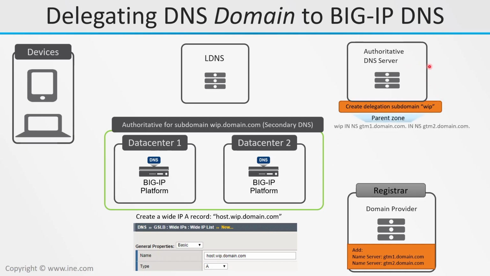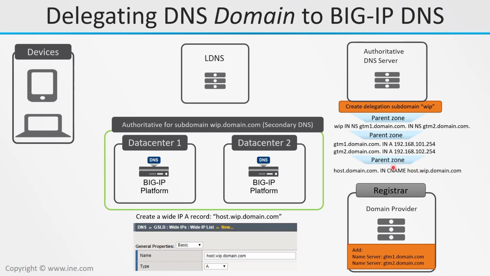Then in the parent zone, we'll create NS records mapping the GTM NS names to WIP. Then the parent zone will create the A records for the GTM listener addresses. Let's just say 101 is part of data center 1 and 102 is part of data center 2.